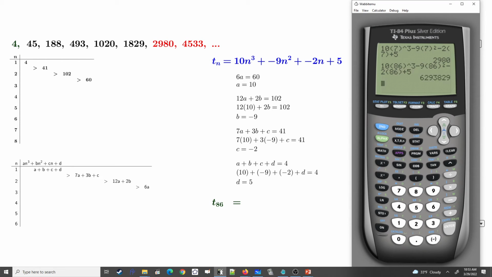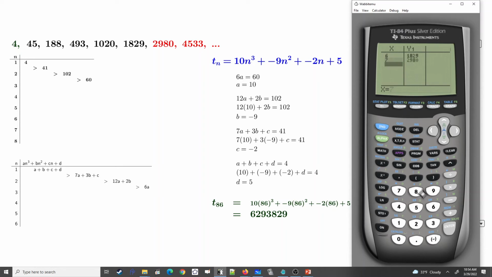I could hit enter, come up with that number. But let me just show you a couple things you could have done. The calculator lets you choose your own values of x when you go to the table. So if you want to plug in 6, 7, and 8 and confirm those numbers, you'll also be able to confirm 86.